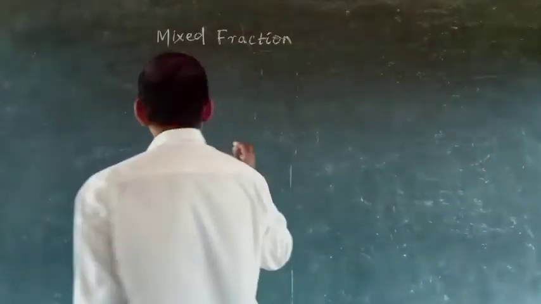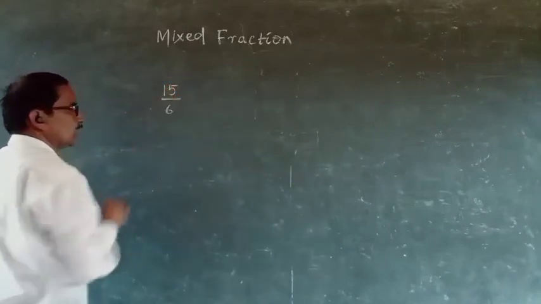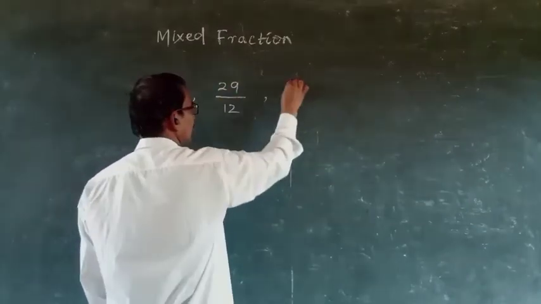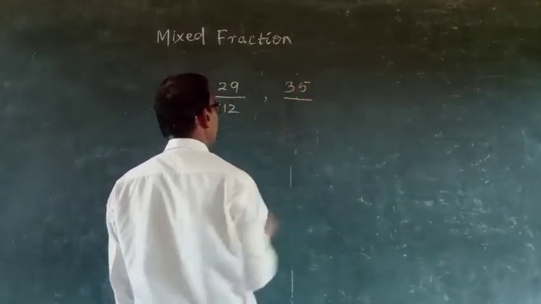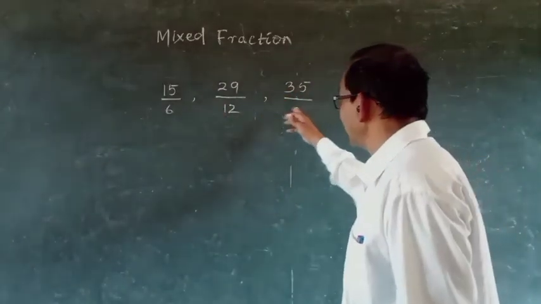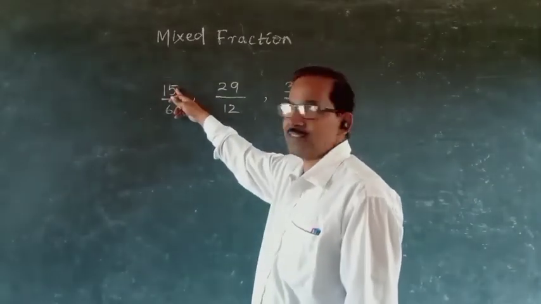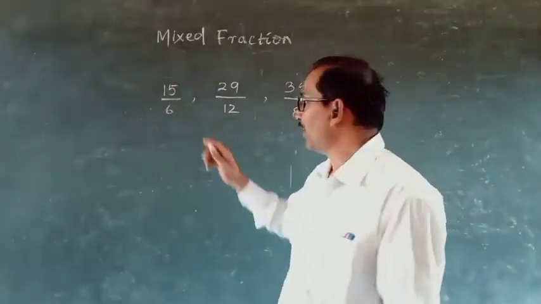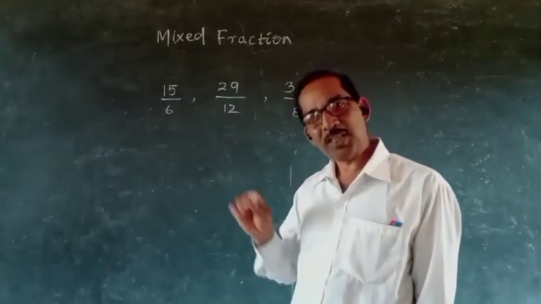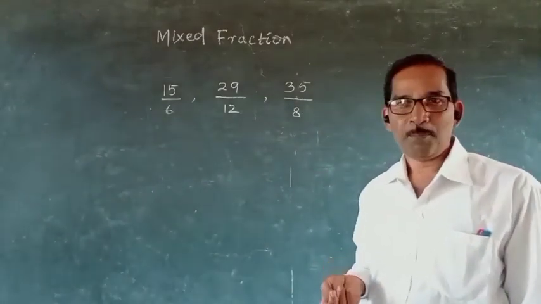Now let us see. 15 by 6, 29 by 12, 35 by 8. In each and every fraction you see, the numerator is a big number and the denominator is a small number. So definitely it is an example of improper fraction.